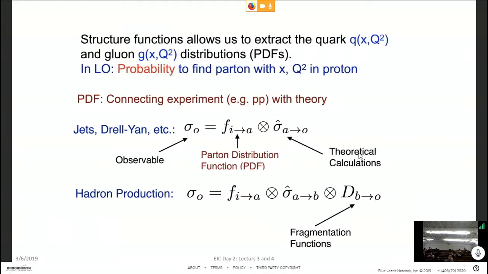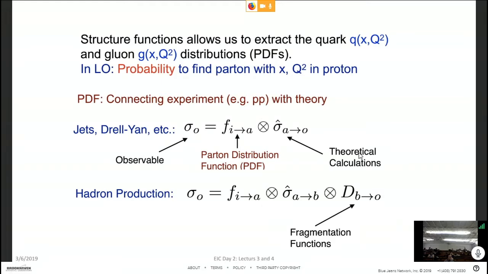In any typical collider experiment or observable experiment, we have the quark and gluon distributions called the parton distribution functions, which are interpreted in leading order as the probability of finding x and Q squared in the proton. But then we have to connect them to observables.